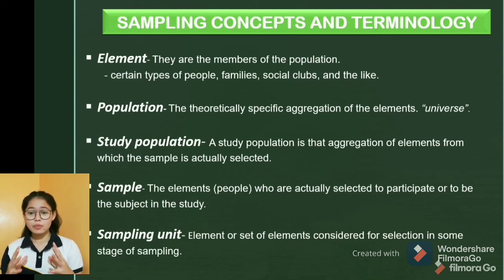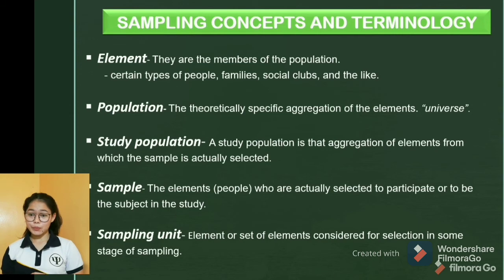But in a population, there aren't yet concrete or final people that should be included as the sample. While in the study population, the elements that they have chosen are actually the fixed sample that has to be included, and they have already been selected.